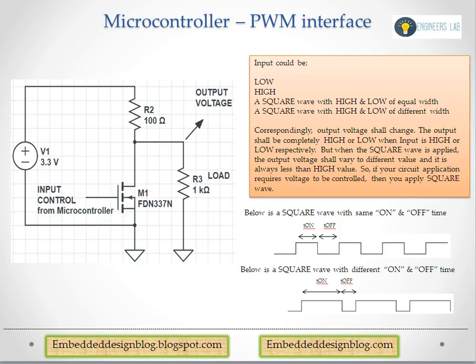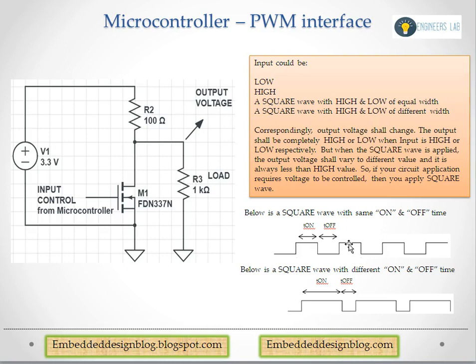So the scenarios could be you provide a low from the microcontroller, a high from the microcontroller, or a simple square wave in which high and low are equal. High we call T on and low we call T off. So the scenario is a square wave with high and low of equal width.